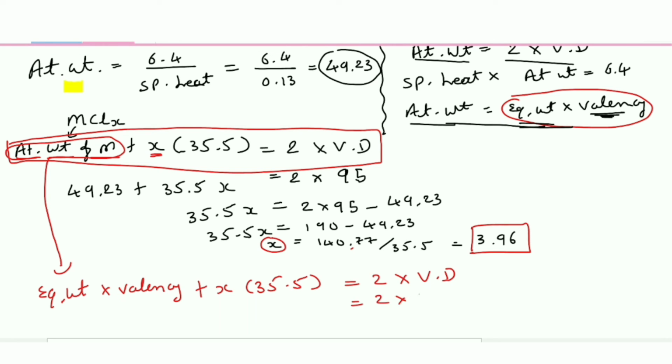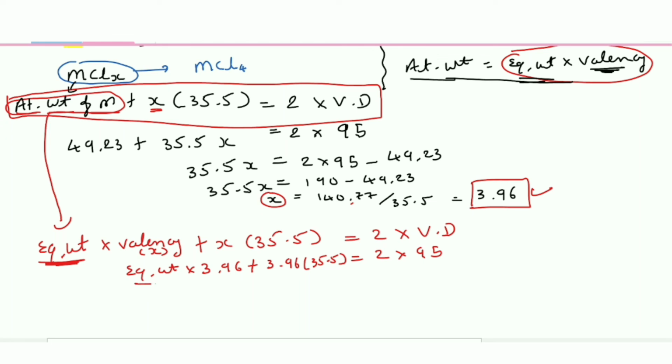Now again the same values we have to put here; we only need to make the equivalent weight the subject. The valency is nothing but x. So we'll write equivalent weight into 3.96, plus, for x, again 3.96 into 35.5.